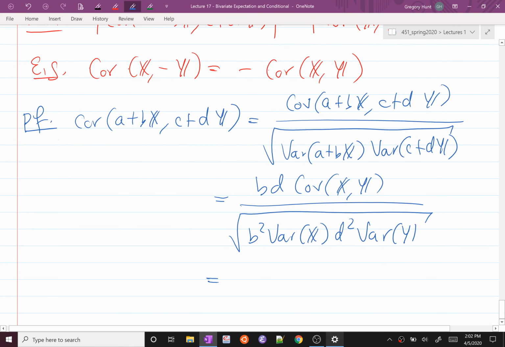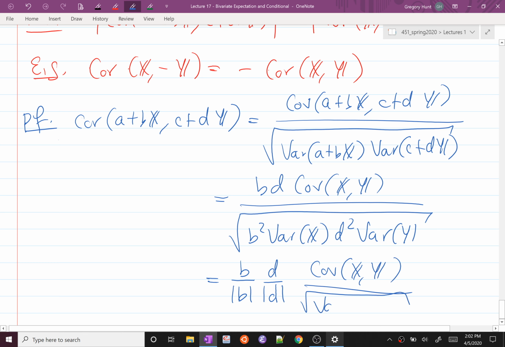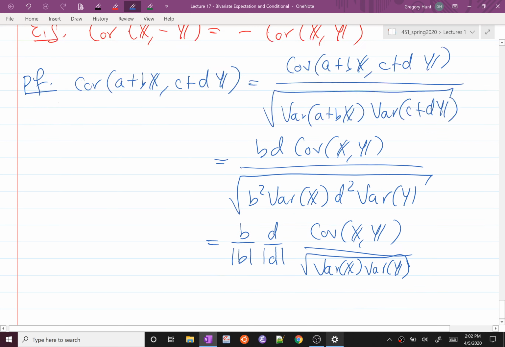And so we get, at the end of the day, b divided by the absolute value of b times d divided by the absolute value of d. And then we're left with covariance of x, y over the square root of the variance of x times the variance of y.